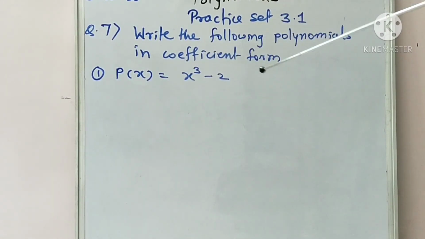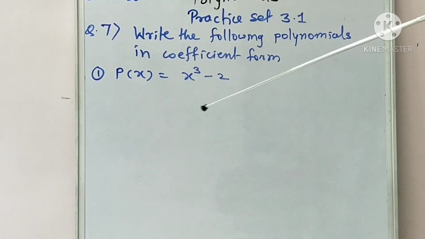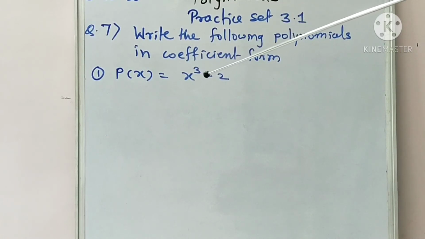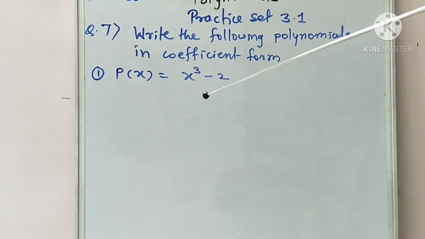To write down its coefficient form, what you have to do here, students, is first we write down the standard form, but as you observe here it's already in standard form, so then we write down its index form, because the degree of the polynomial is 3, but according to the descending order of 3, the power 2 and power 1 terms are missing. So first we write down those terms with the coefficient as 0, means its index form. Okay, so pay attention.